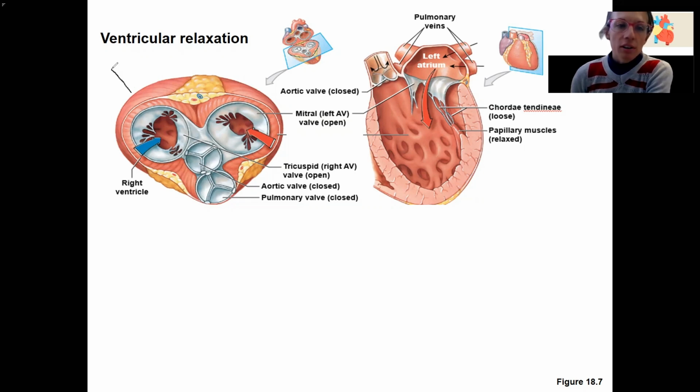So the atria fill with blood returning from circulation, either pulmonary or systemic, and that blood flows passively into the ventricles. Right ventricle, left ventricle, looking down here, over here, looking at a cross section or a frontal section, blood flowing in to the left ventricle, which is shown here, passively through this open valve.